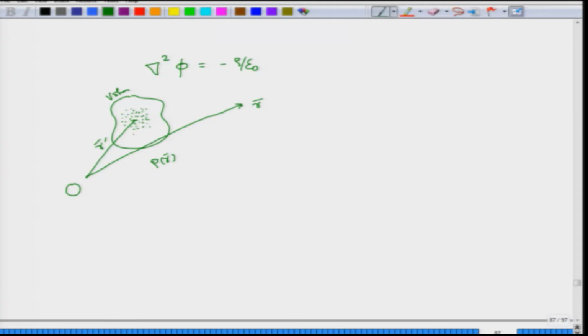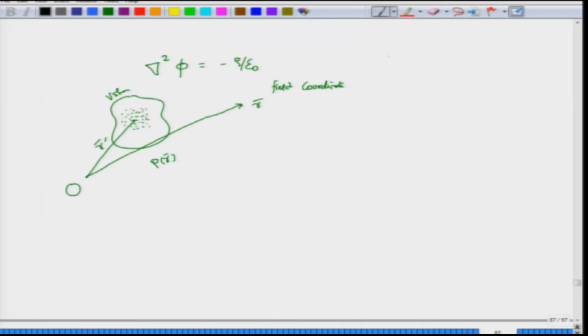The charge distribution will be referred to as the source. This r prime would essentially be the source coordinates, and this r we would call the field coordinate, meaning that this is the point where we seek the field. In this case, we are seeking a scalar field, which is the potential, from the knowledge of this charge distribution that has been given to us, and the material medium is assumed to be of permittivity epsilon 0.